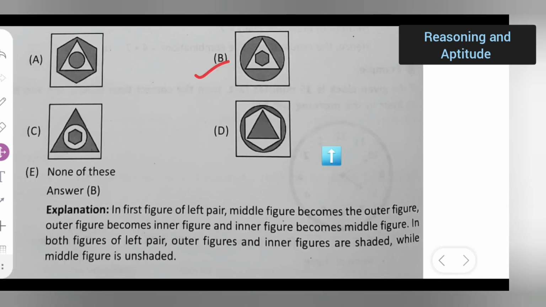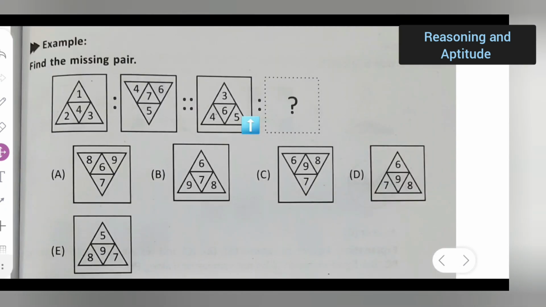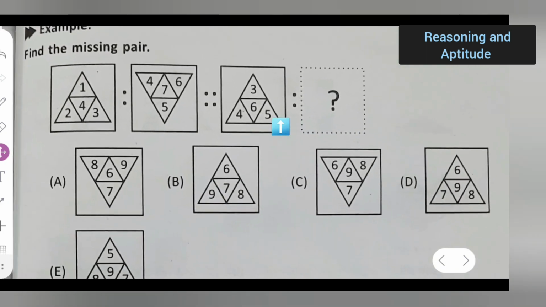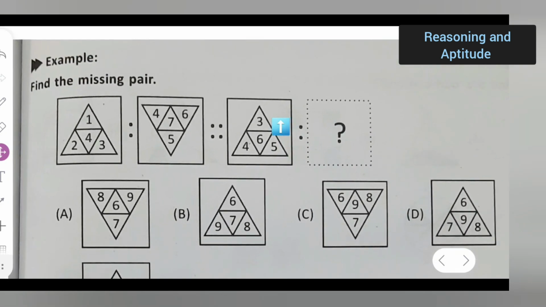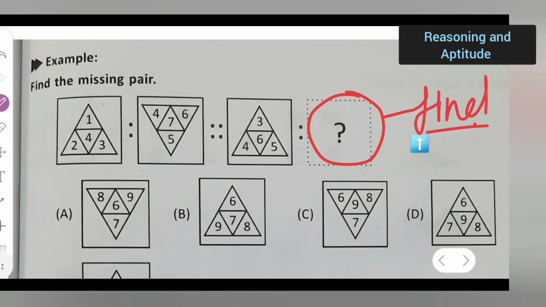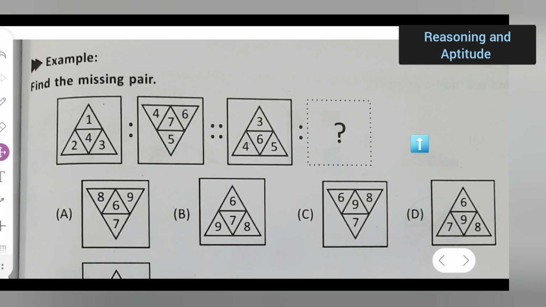Now moving towards the next example. Here, in this example, you'll have to find the missing pair. Let us see what we are going to get here.